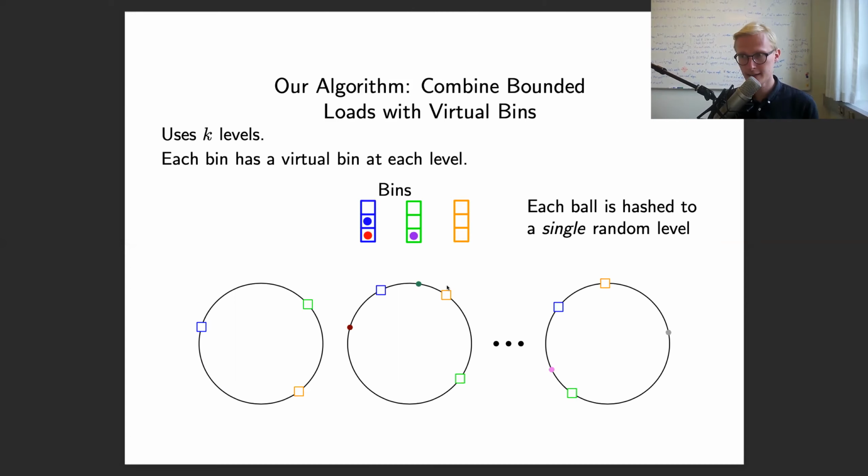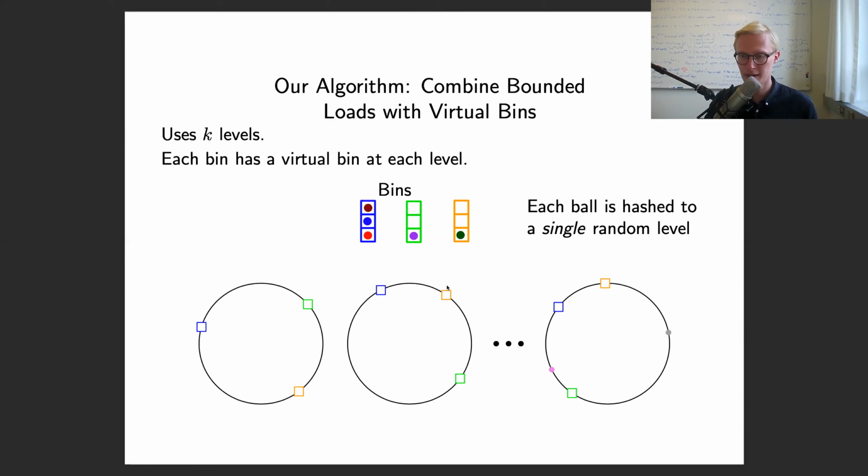Now we proceed to the next level, and we essentially just do the same, placing the balls from the next level using consistent hashing with bounded loads, except that now some of the bins have had some of their capacities reduced. So we would do the same, and in this case, the brown ball would go in the blue bin, and the green ball would go in the orange bin, which both have capacity enough.